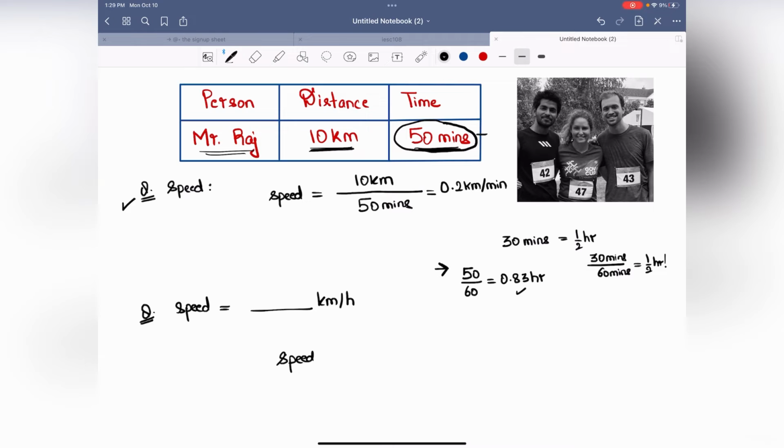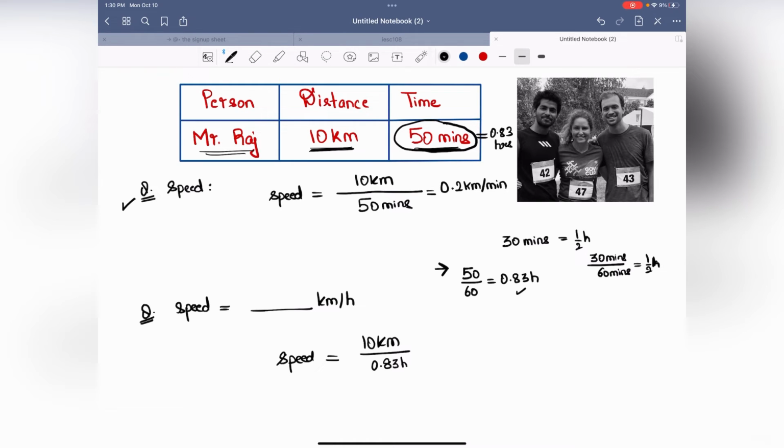And now that I know this, I can find speed very, very easily. Now that I know that 50 minutes is equal to 0.83 hours, what I can do is the same equation. Distance, 10 kilometer, divided by time. But in here now, I use the hours rather than the minutes. So just H is enough for hours, actually, not H, R. Okay, let me correct that real quick.